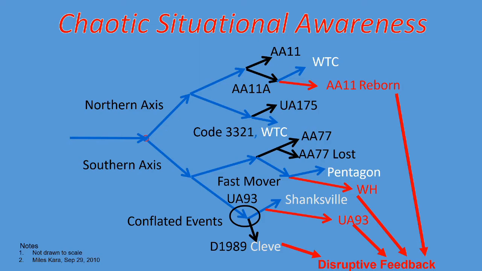All that cascading bifurcation allows us to depict some of the disruptive feedback that created the fog of war that morning. American 11 and American 77 were conflated and became a threat that caused the National Command Authority to divert the president to Louisiana. United 93 became a ghost that also threatened the nation's capital.